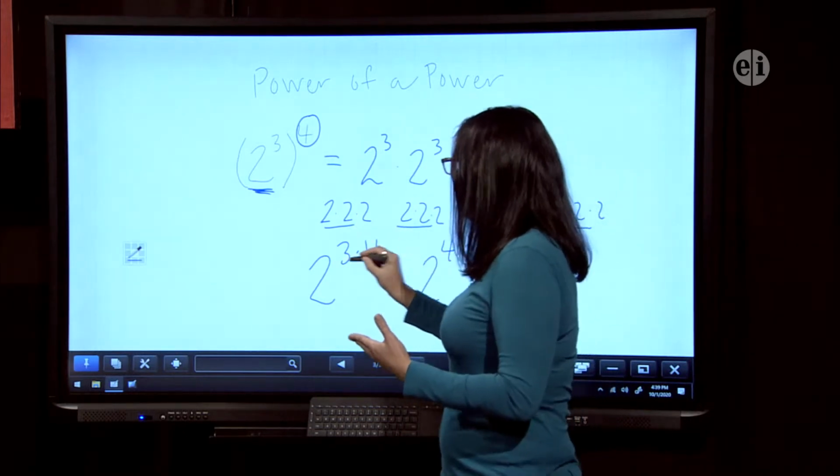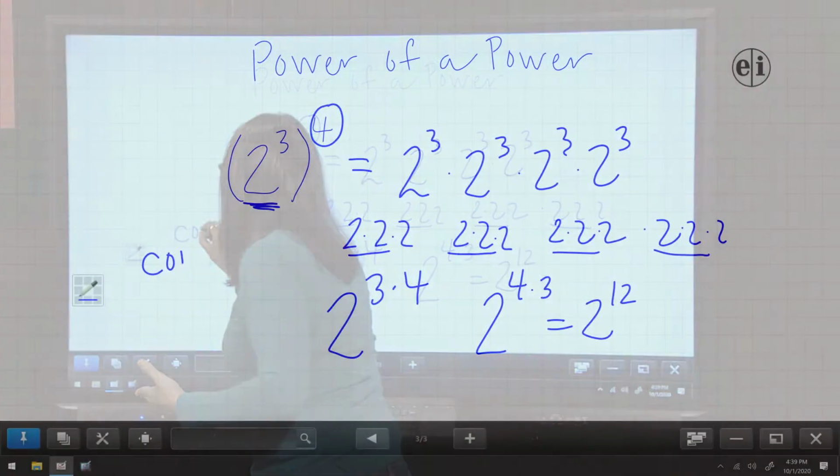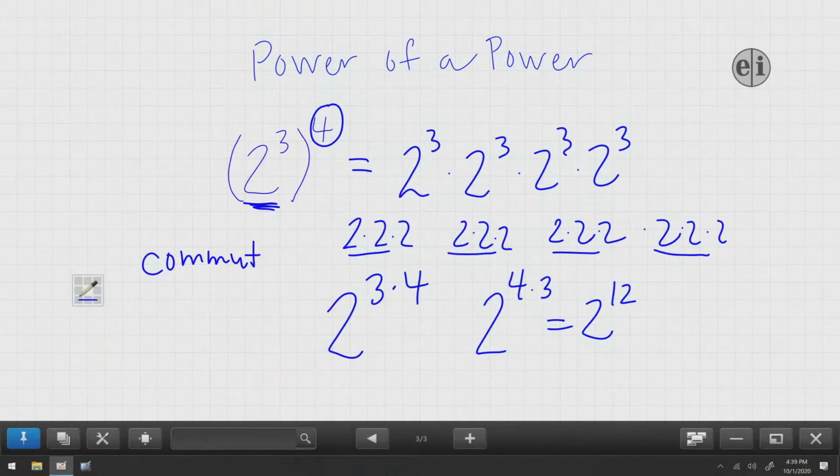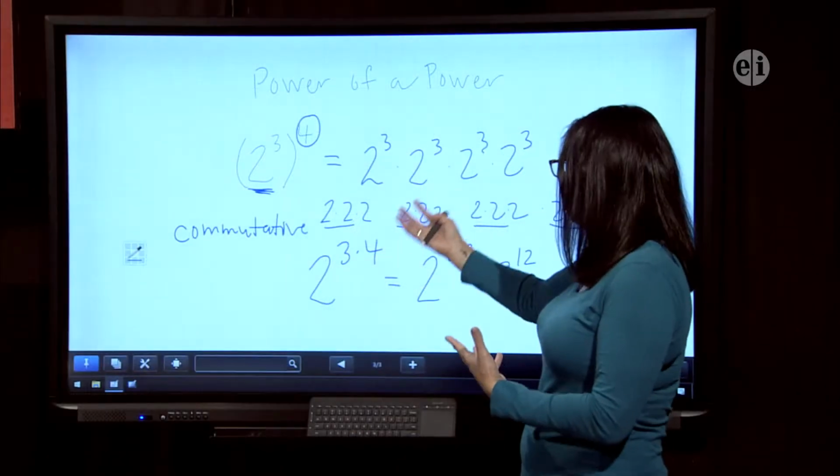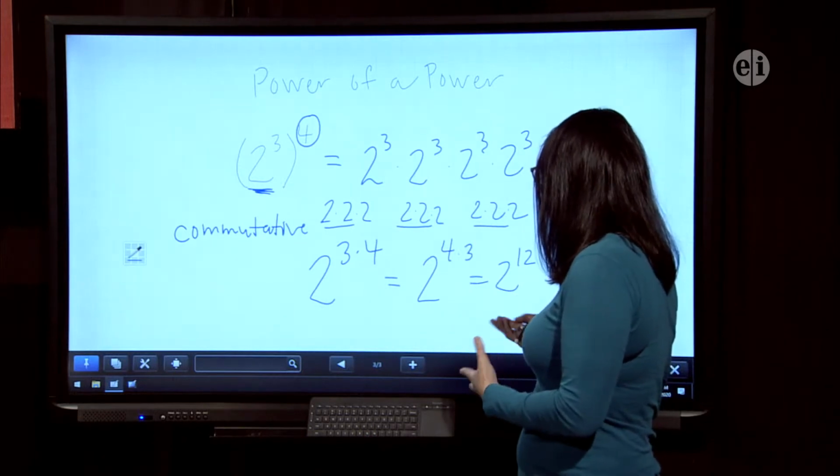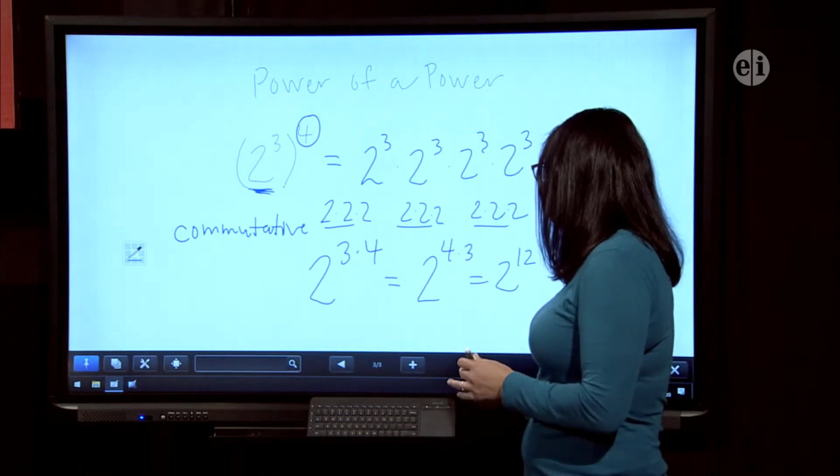Because of the commutative property, which means you can write multiplication in any order, 3 times 4, commute, move, 4 times 3 is 12, is the same. That's why they write it that way. But my feeling is if you don't describe why you're doing something and you don't think about what's happening, it's 4 copies of 3 multiplied together, then you basically start to mix it up.